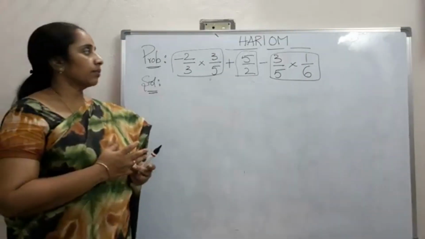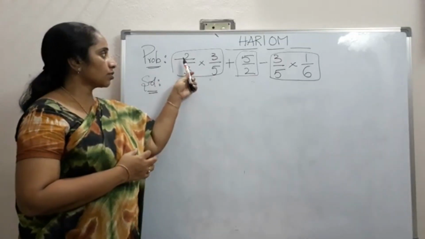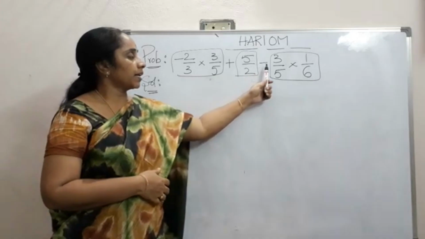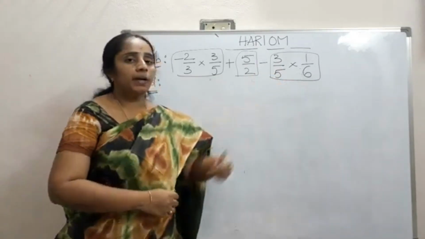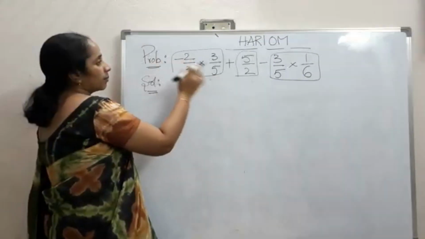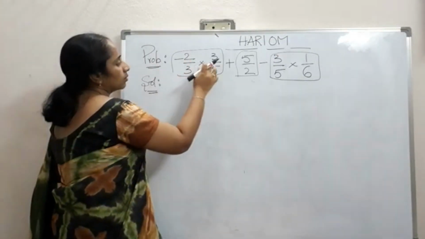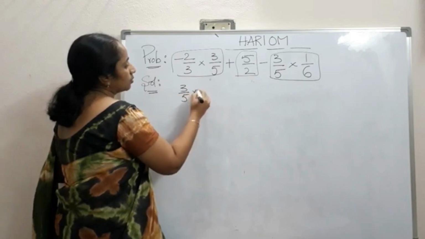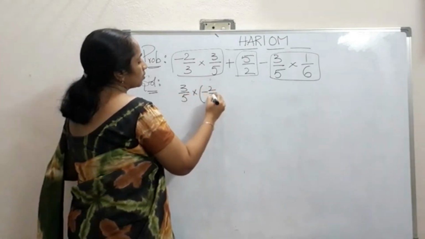In this we have three terms, minus 2 by 3 into 3 by 5 plus 5 by 2 minus 3 by 5 into 1 by 6. First, here I am writing this minus 2 by 3 into 3 by 5 as 3 by 5 into minus 2 by 3.